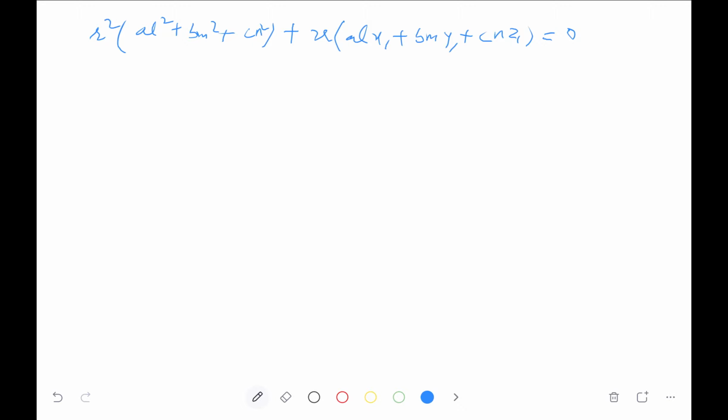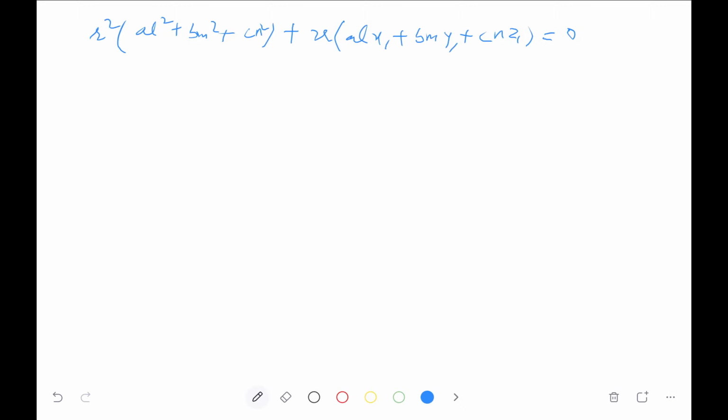This should also be 0 because one value of r is 0 and the two values of r must be same. So what does that give? alx1 plus bmy1 plus cnz1 is equal to 0. But L, M, N are not given.